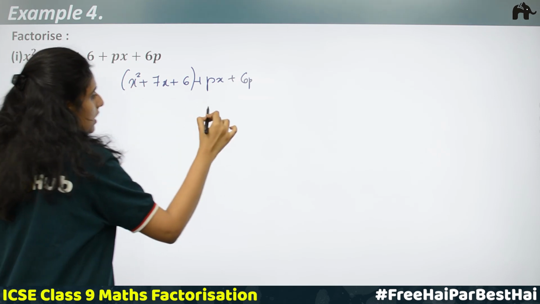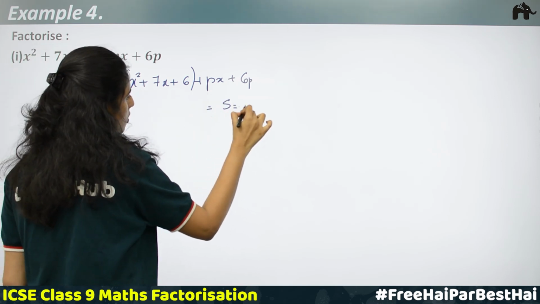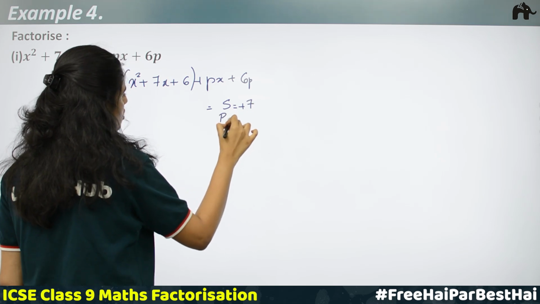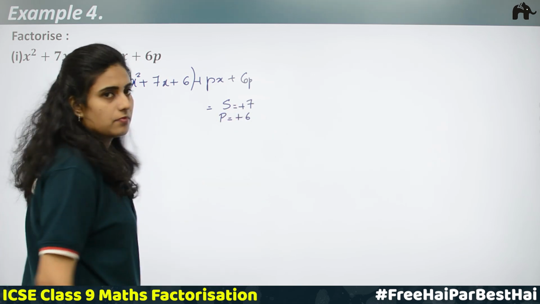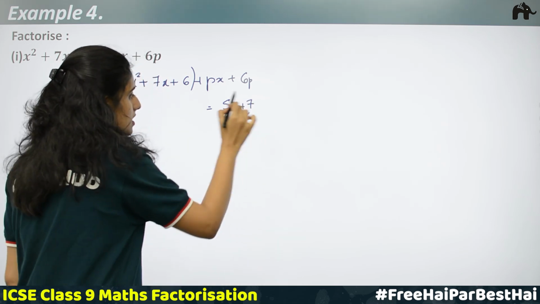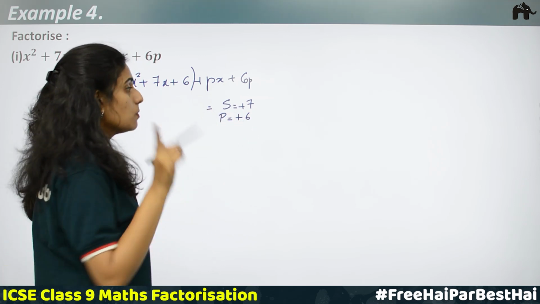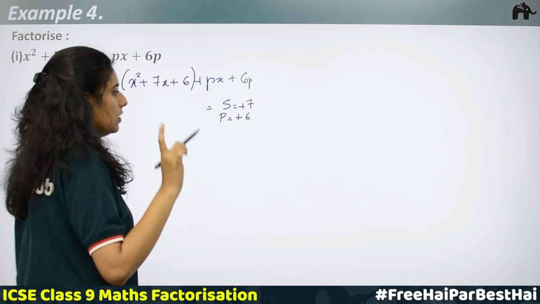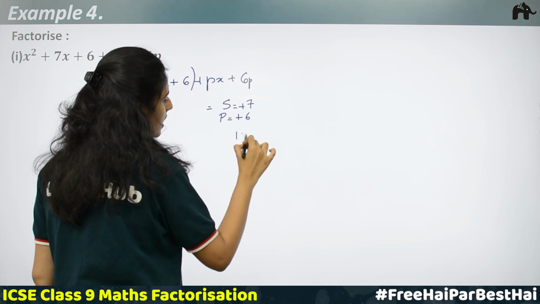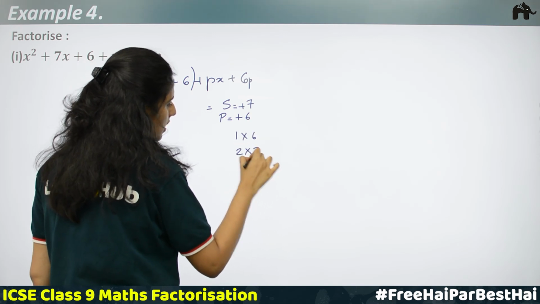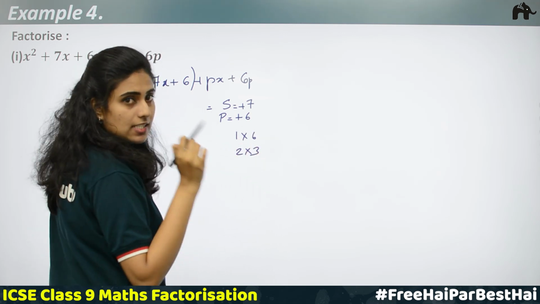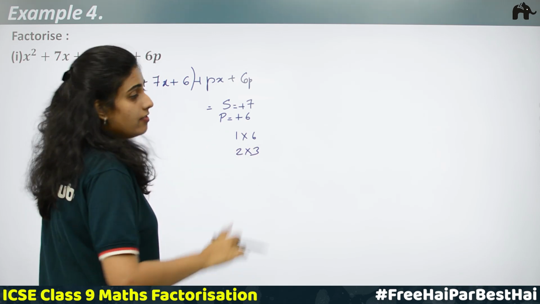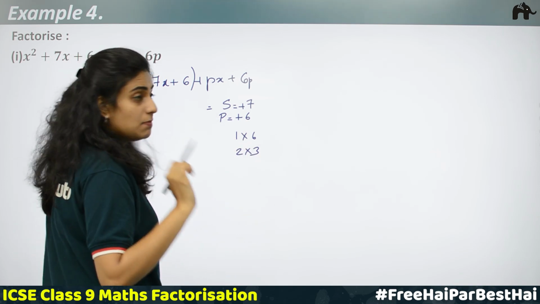Okay. So, here you can see the sum should be positive 7 and product should be positive 6. Okay. Sum positive, product positive, which means both the numbers are positive. Okay. To get 6, 1 into 6 or 2 into 3. 2 into 3 is 6 and 2 plus 3 is 5. 1 into 6, 6 and 1 plus 6 is 7.